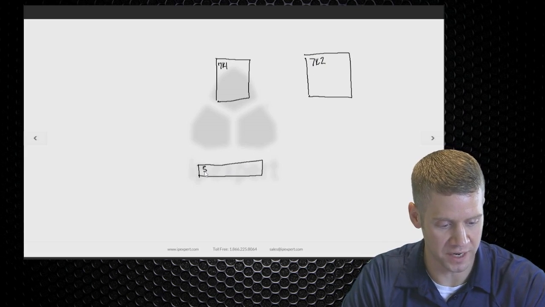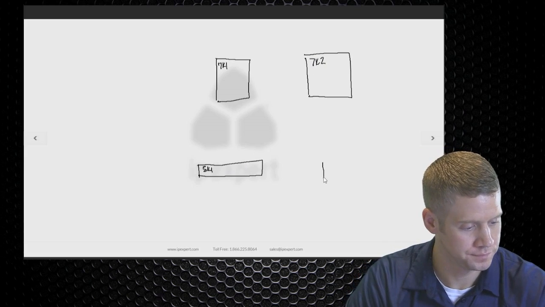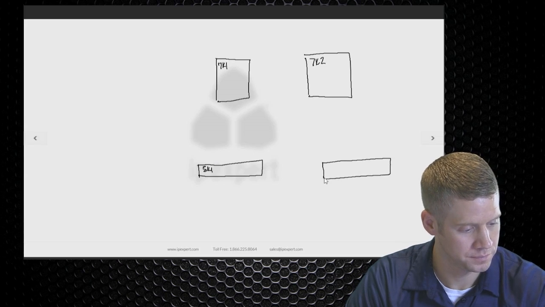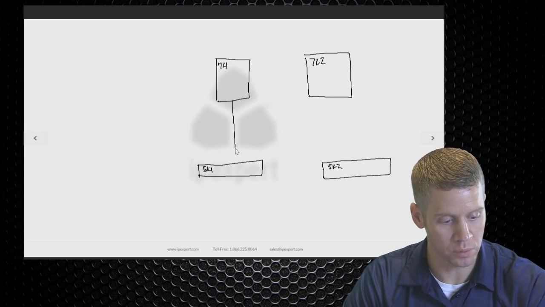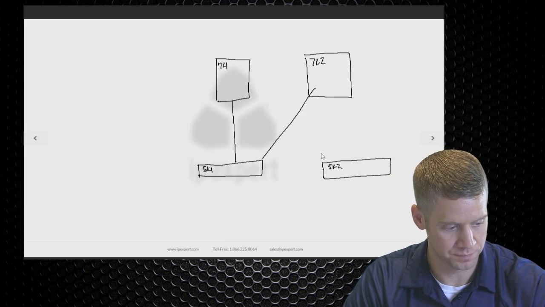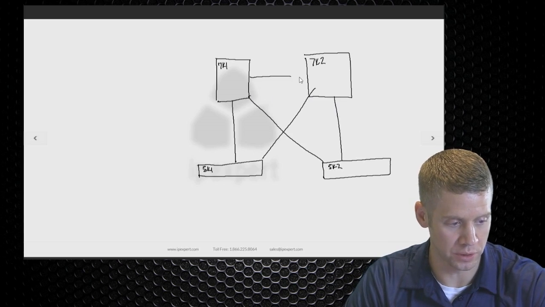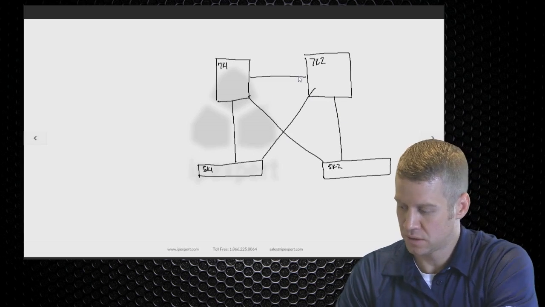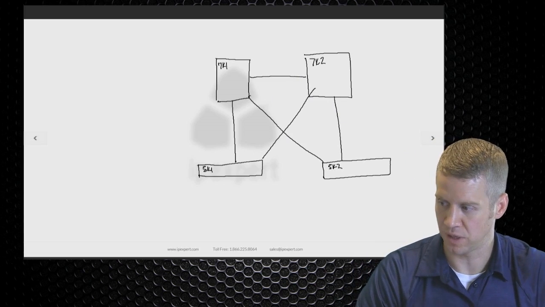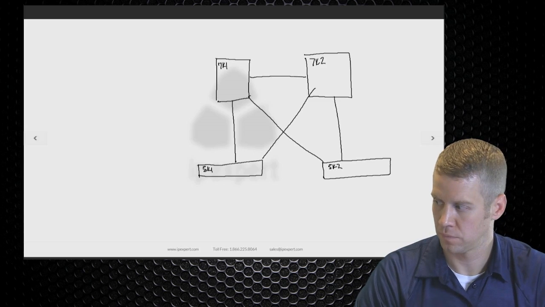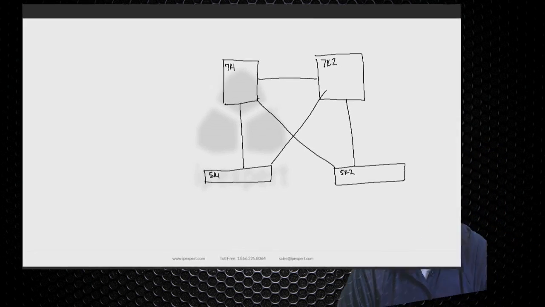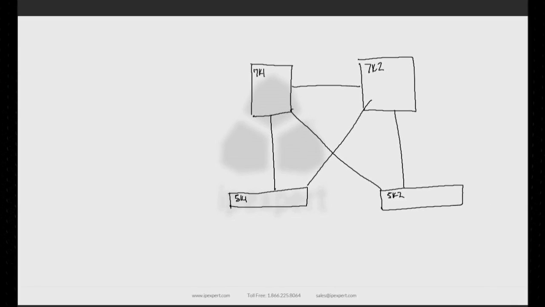I'll draw a 5K1 and 5K2. What we're going to do is dual home these guys. We'll also throw a link in between the 7Ks here. Give me half a second. Zoom this in for you guys.